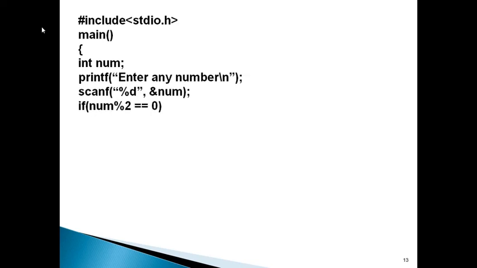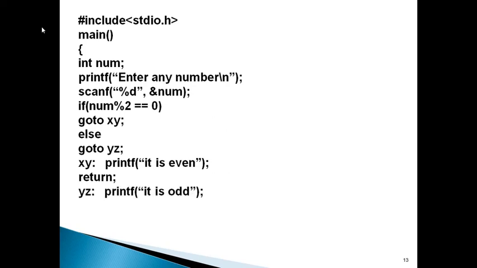Now we will see the example for backward jump. How to execute the backward jump by using a condition. If you don't use the conditional condition for that backward jump, it becomes an infinite loop.